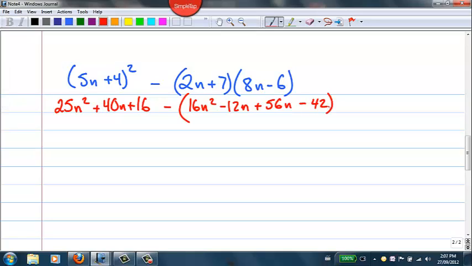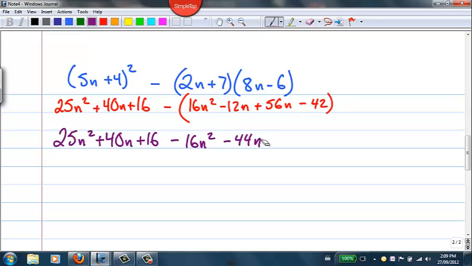Now, when I subtract a polynomial, that negative sign in front of the bracket affects everything inside. So you'll notice that if I drop the brackets, all the signs inside it change. So instead of a positive 16n squared, it's negative. Instead of a positive 44n, I guess here I'm just cleaning it up for you. So I cleaned up the bracket.